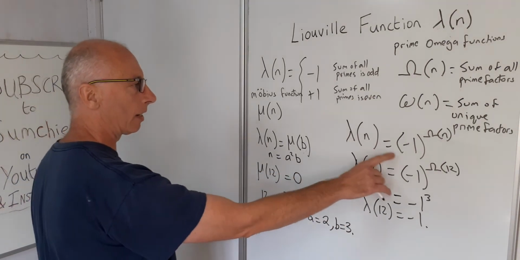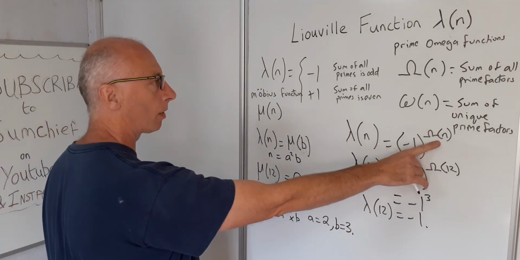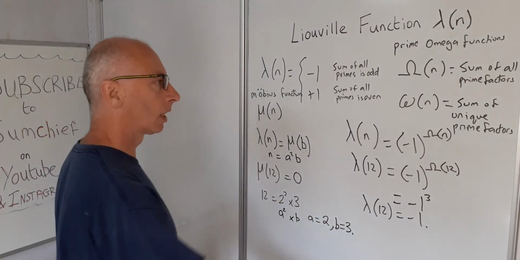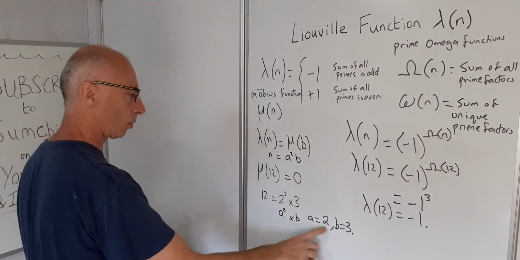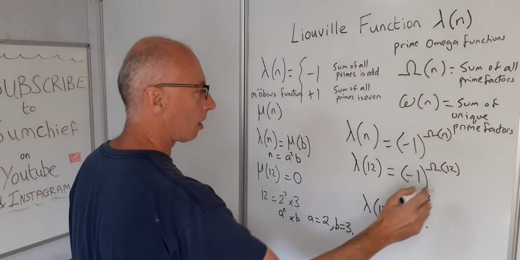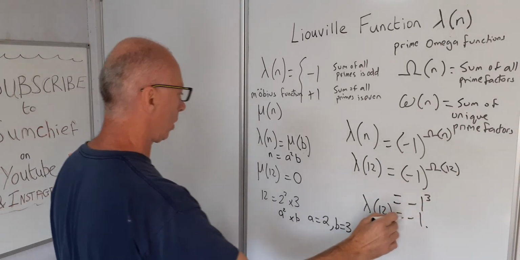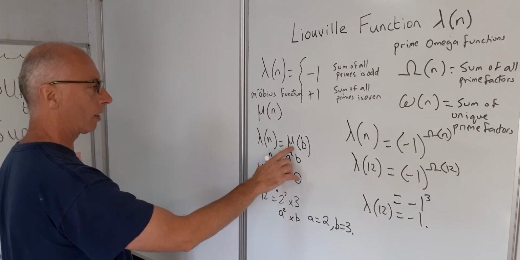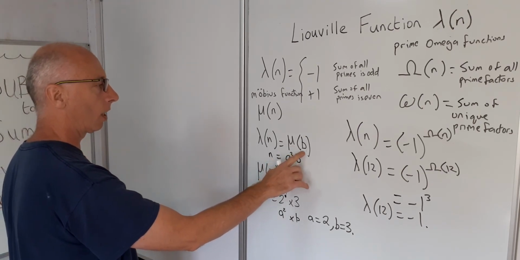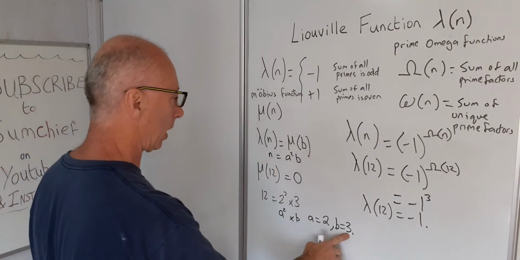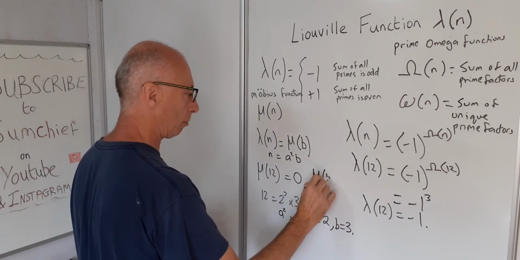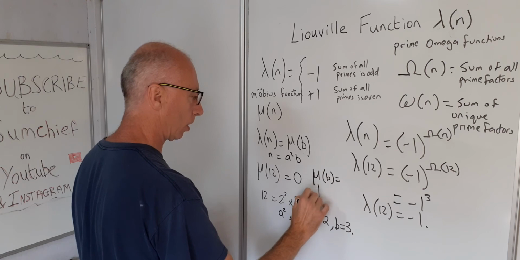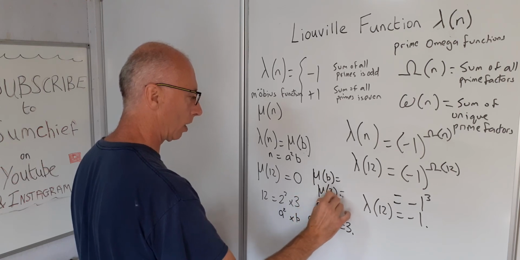So lambda of n is minus 1 to the power of omega of n. So n has all the prime factors, that's 1, 2, 3. Minus 1 to the power of 3 is minus 1. So let's just look at the Mobius function of b. So b is 3, so mu of b equals mu of 3.